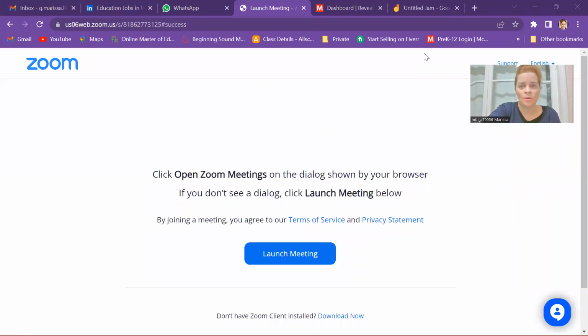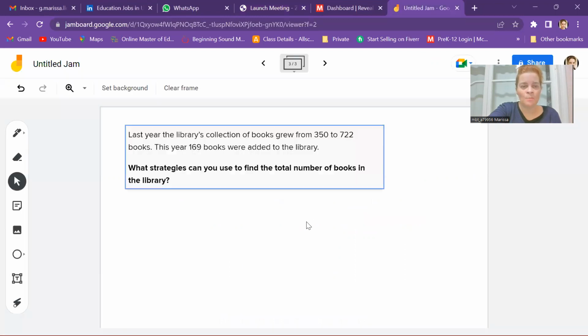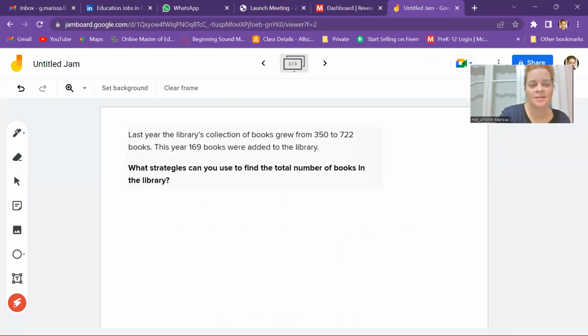Okay, so let's look at my Jamboard first. It says last year, the library's collection of books grew from 350 to 722. This year 169 books were added to the library.